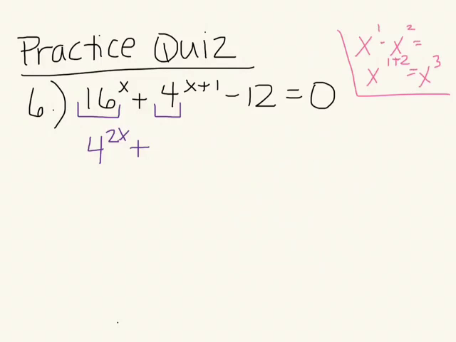And we can use that backwards to work with 4 to the x plus 1. So 4 to the x plus 1, we can rewrite, using this x cubed example as a pattern, as 4 to the x times 4 to the first.